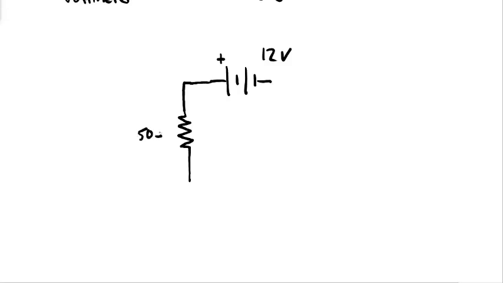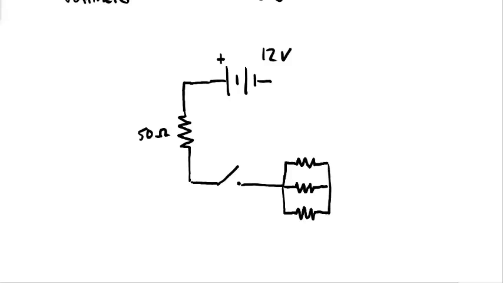Always write in the resistances for your resistors. Always use straight lines. For parallel resistances, you can draw it like this. Again, there's no set way. The important thing that I'm going to ask is that you always do it in the order that I give it to you. Go counterclockwise, start at the positive side of the battery.